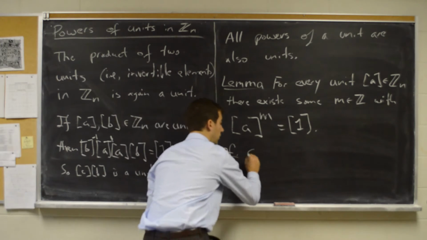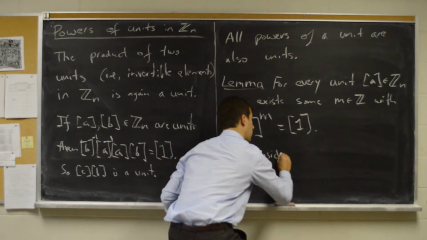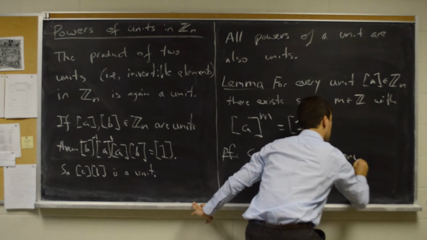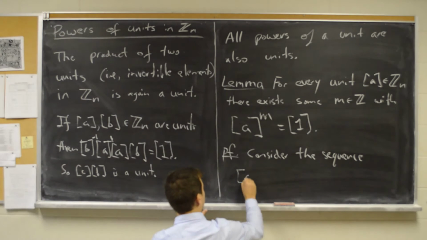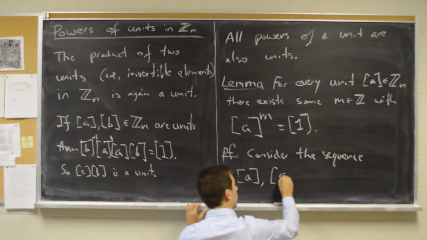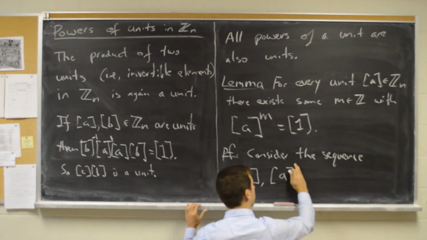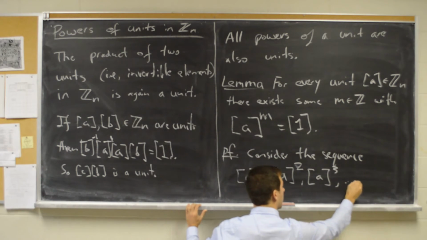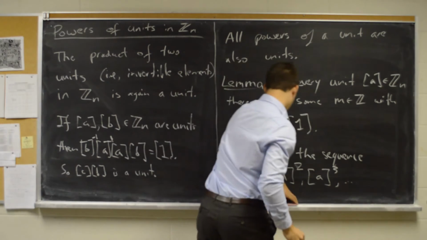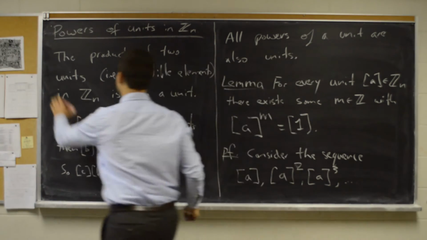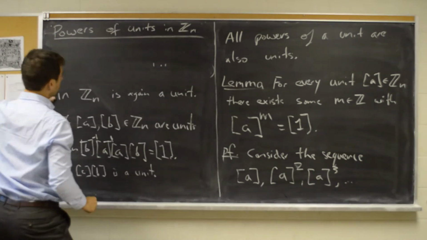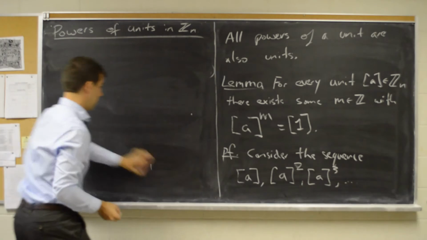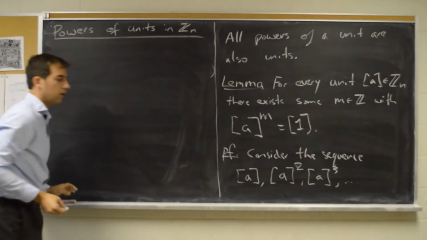I want you to consider the sequence starting with A, then squaring it, then cubing it, and so on. Now the trick is, this is an infinite sequence, but there's only finitely many elements in Zn.